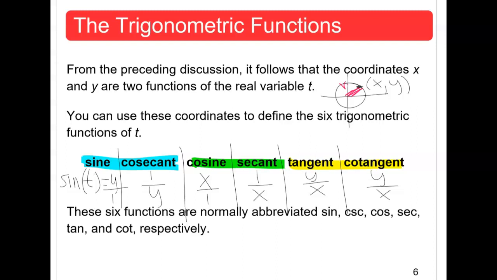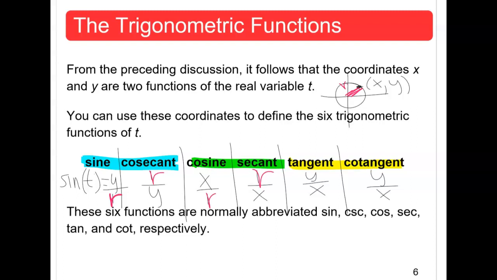And in the following sections, we will extend the concept, like if the radius was not the radius of a unit circle, so if the radius wasn't equal to 1, then we could say that the sine will be equal to y, the y coordinate over r, and so then cosecant will be r over y, cosine will be x over r, secant will be r over x, and tangent and cotangent stay the same.